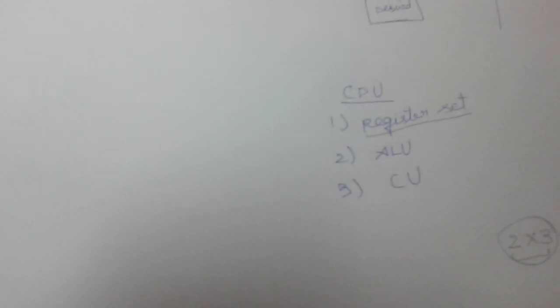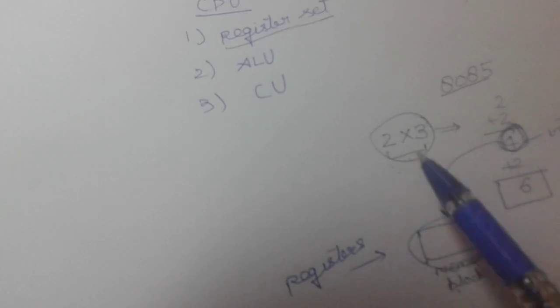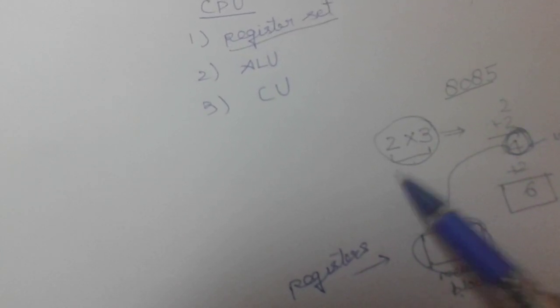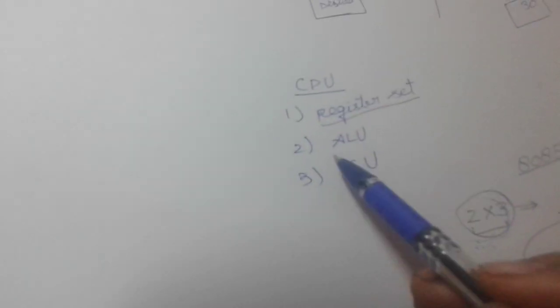Second one is ALU, arithmetic and logic unit. Okay, so why do we require arithmetic and logic unit? We performed 2 into 3. When we provide this instruction to be executed, this operation is performed by arithmetic and logic unit.